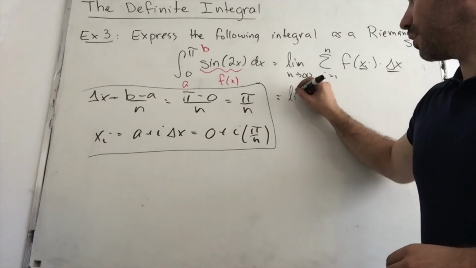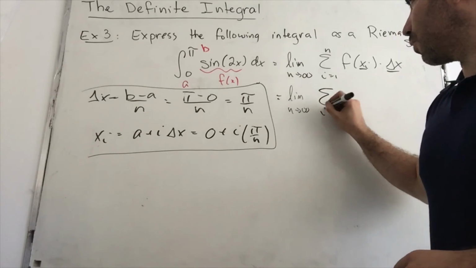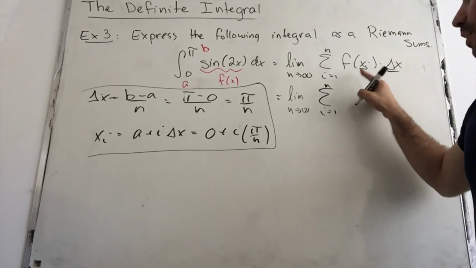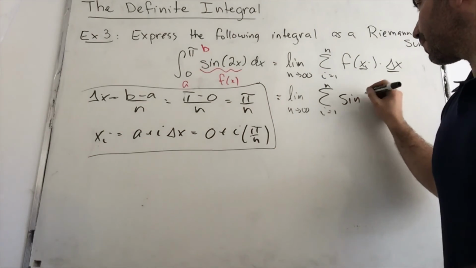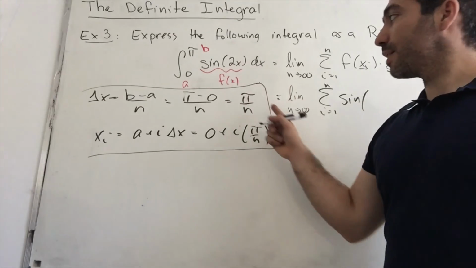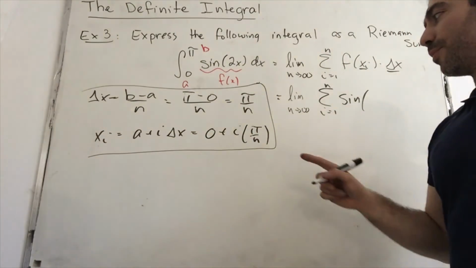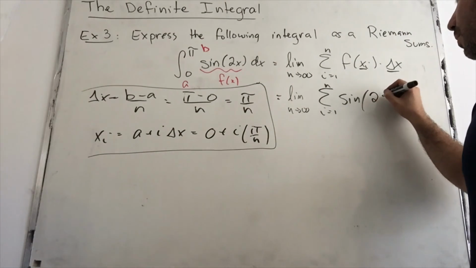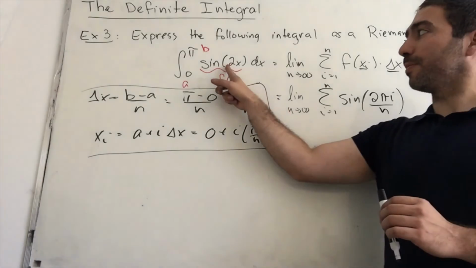This is equal to the limit as n goes to infinity, the sum from 1 to n. The function that we're dealing with is sine of 2x. So we have sine of 2 times x. X is really xi, and xi is equal to i times pi over n. So this is just 2 pi i over n. Okay. So the 2 comes from here in the function.